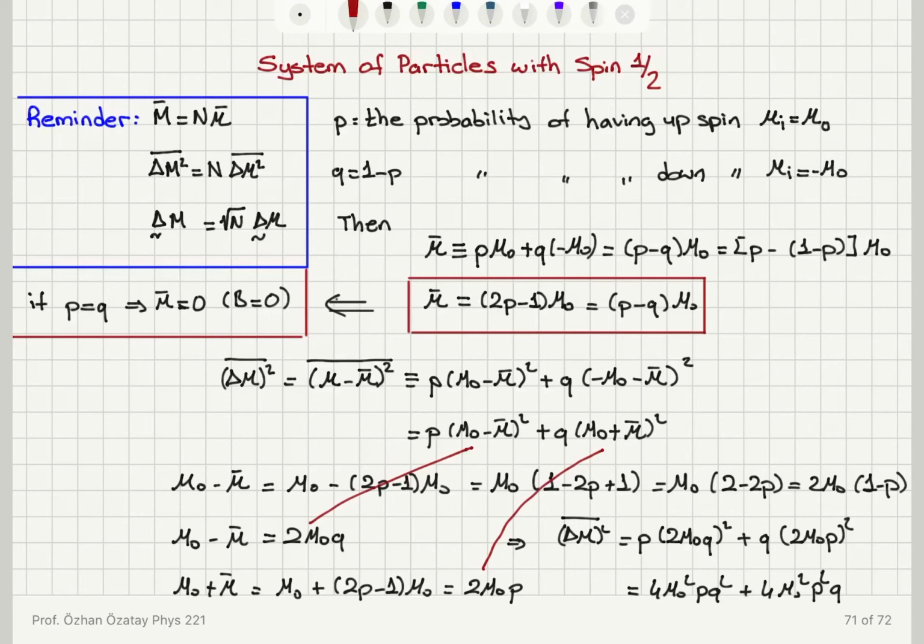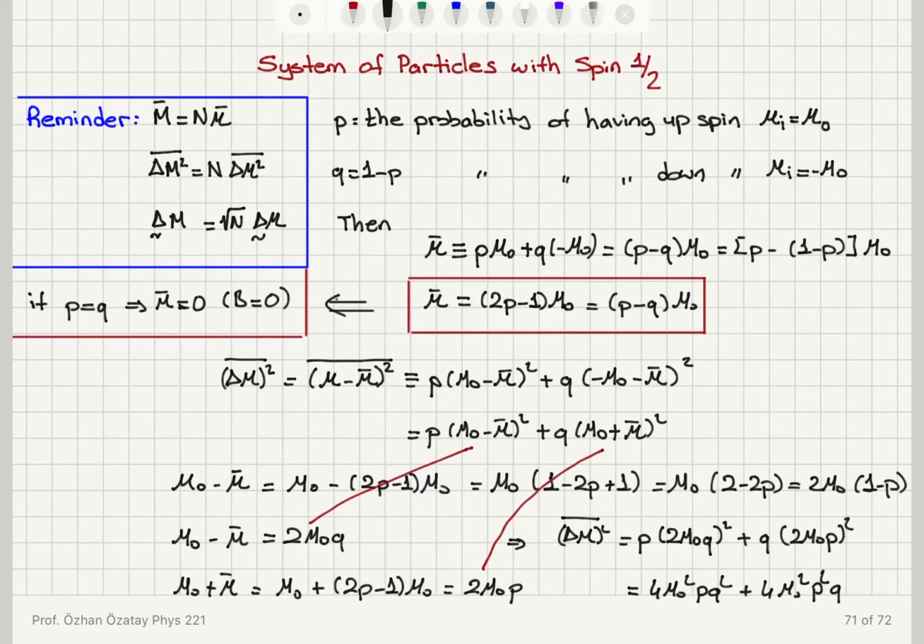And q is equal to 1 minus p, the probability of having a down spin. The average value of the moment per spin will be then the probability multiplied by all possible values, corresponding probabilities added together. p times mu 0, q times minus mu 0 added together gives me mu bar, p minus q, mu 0.